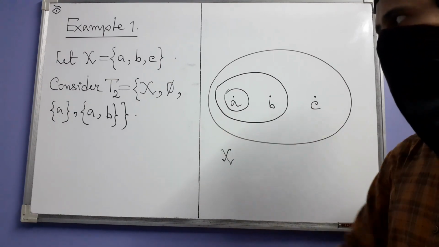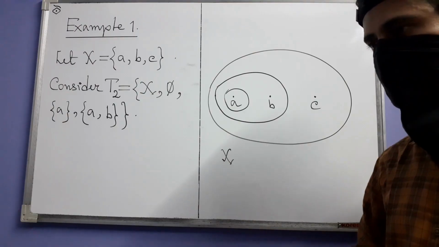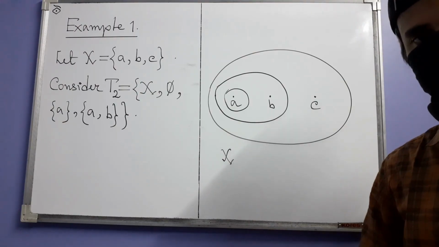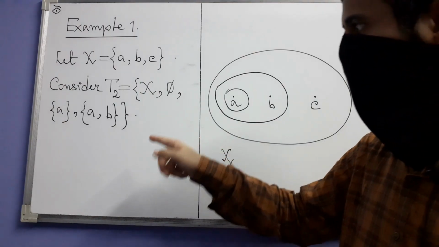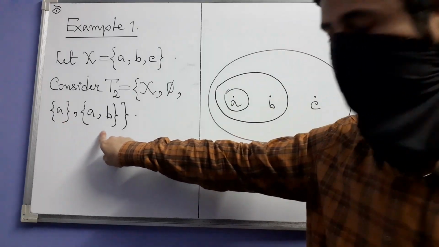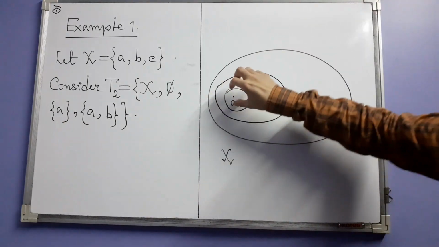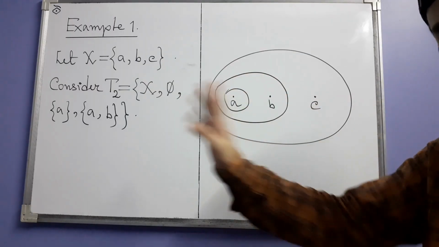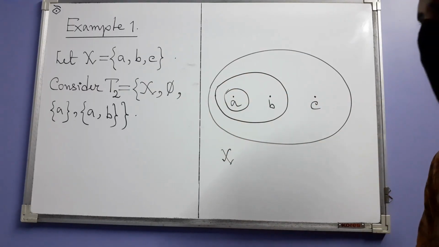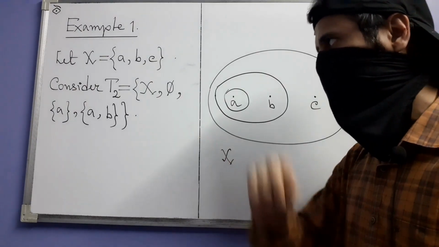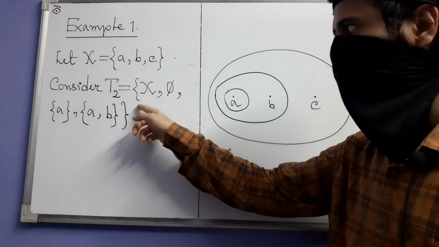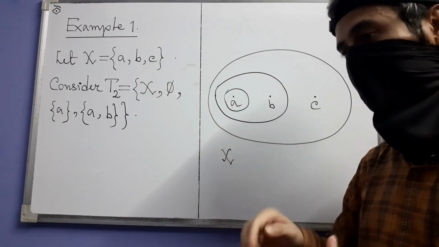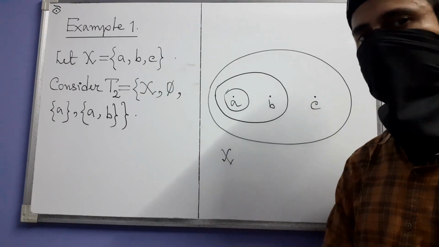So this is another topology which is bigger than the previous one, in the sense that now you have these two new open sets, this one and this one, besides x and the empty set. But because it's a different one, this topology will give you another topological space.